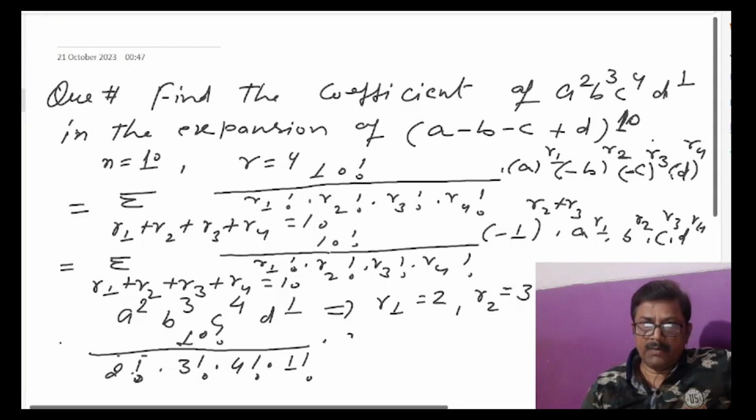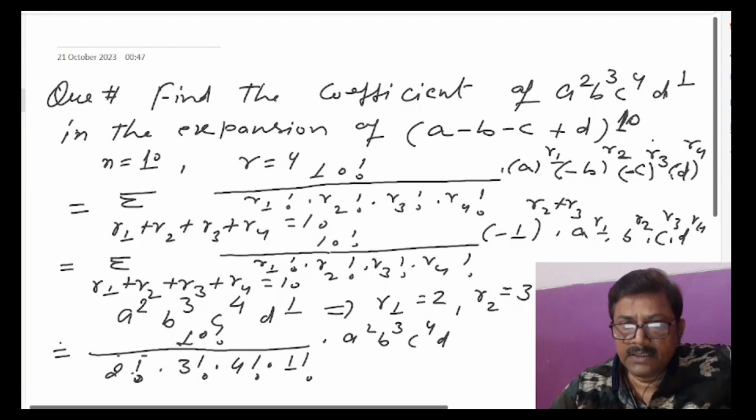Now a to the power r1, so a square, b to the power r2, c to the power r3, d to the power 1, okay. So we got the term of a square, b cube, c4, d. And what is the coefficient? This number is our coefficient.